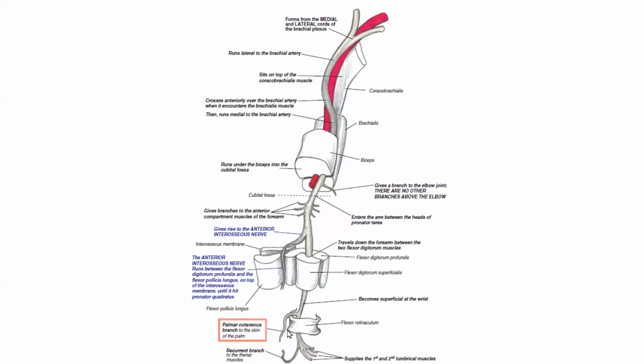Now, it is here where you get the compartment syndrome, where you get pressure on the median nerve. Okay, so the nerve, when it's present within the canal, is under pressure.